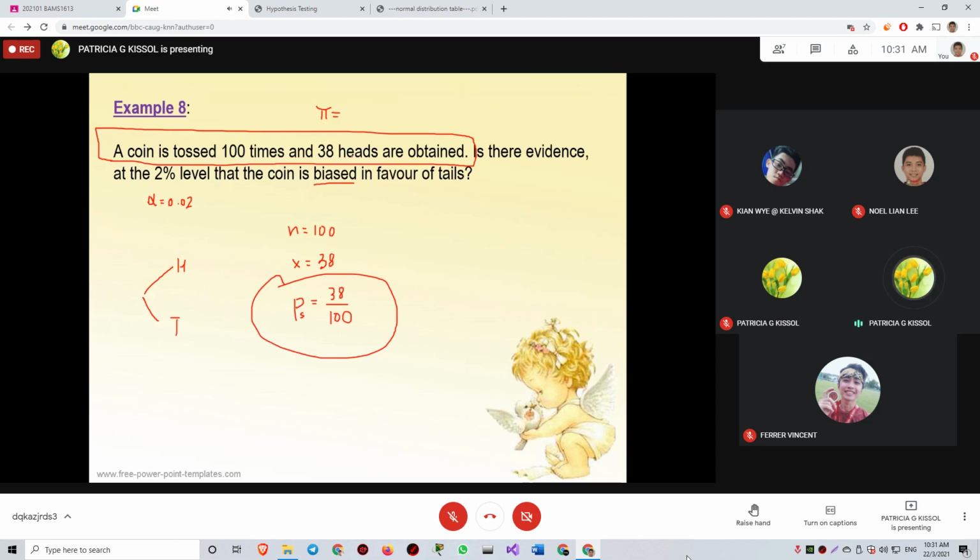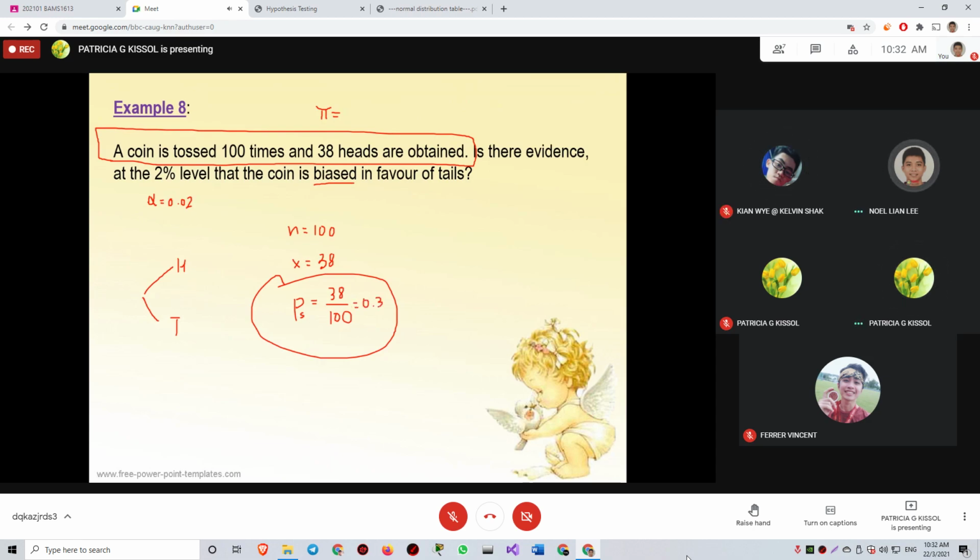So when it's proportion of heads, notice here the first sentence, it's about head. So what is your pi? 0.5.